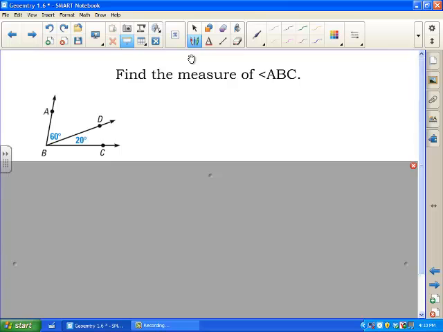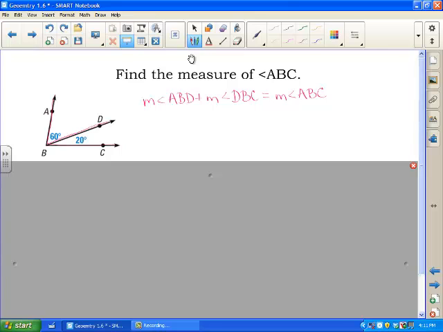Let's look at a few examples of this postulate in action. In each of these examples, I'm asked to find the measure of angle ABC. In the first example, ray BD cuts angle ABC into two pieces. Angle ABD measures 60 degrees, and angle DBC measures 20 degrees. According to the angle addition postulate, the measure of angle ABD plus the measure of angle DBC has to equal the measure of angle ABC.